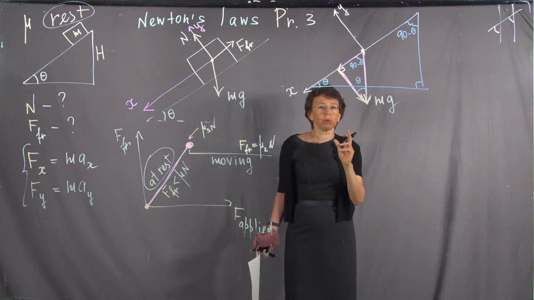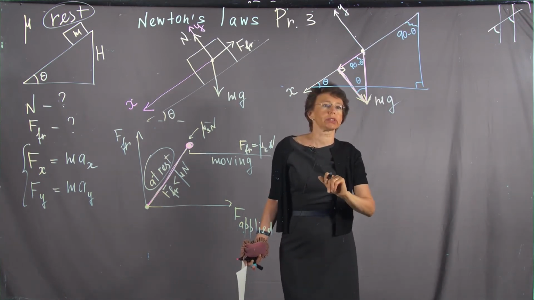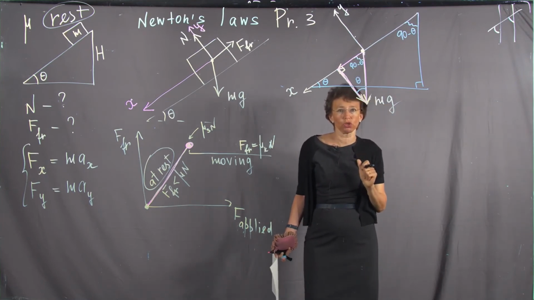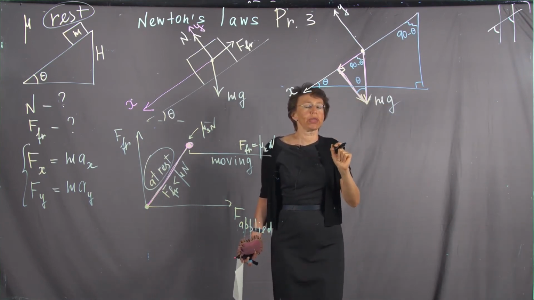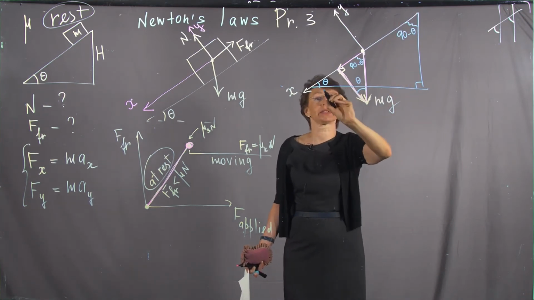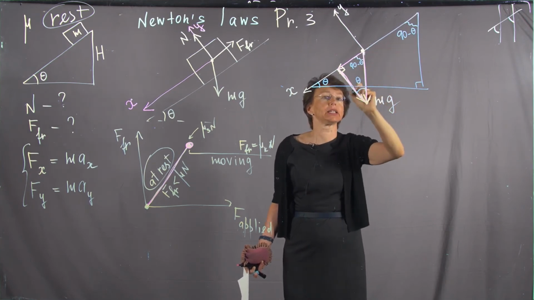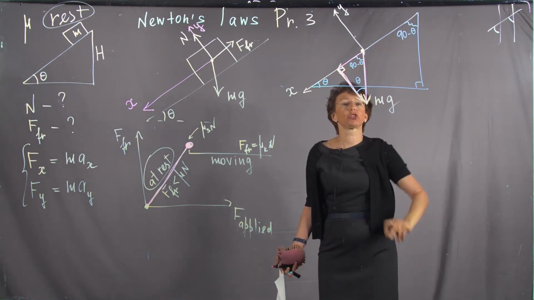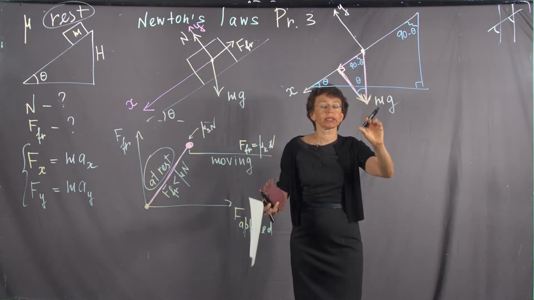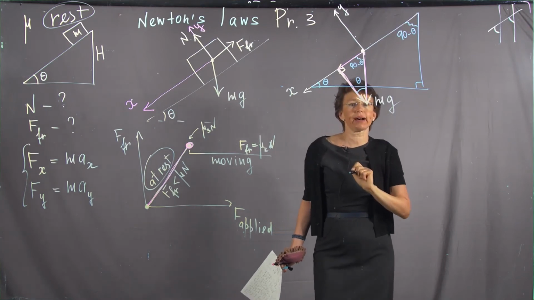I want to remind you about another method to figure out which angle is theta. And for that, you need some knowledge from your geometry class. You need to know that if you have two right triangles, in my case, it is blue, my original inclined plane, and pink triangle for gravity, then angles between perpendicular legs are the same.